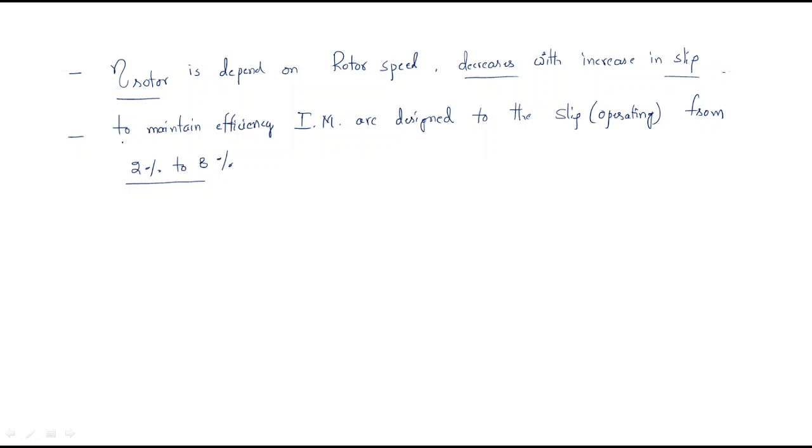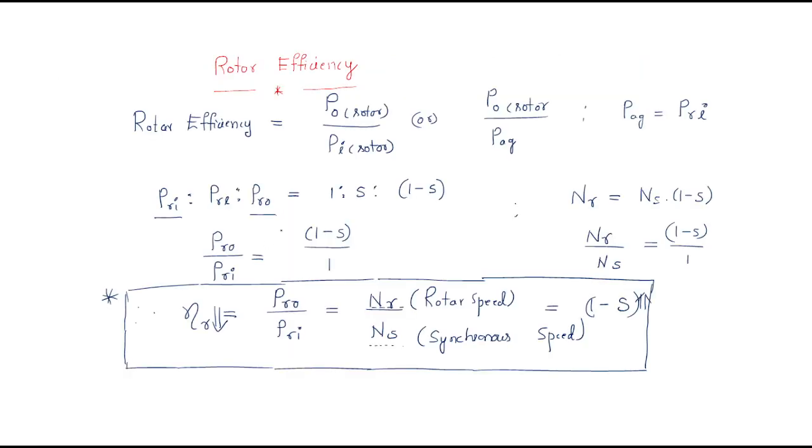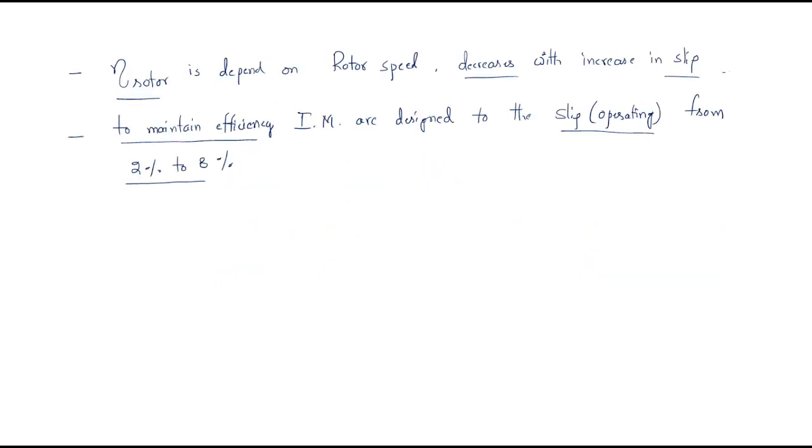What is the reason? The reason is to maintain the efficiency. So this is the rotor efficiency formula, and why the operating slip is always between 2% to 8%.